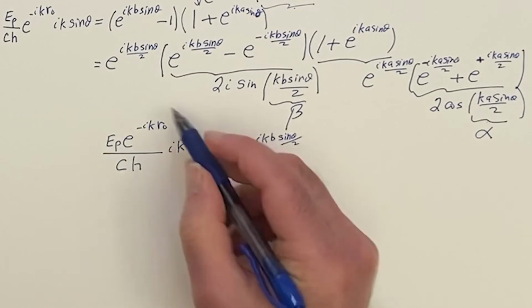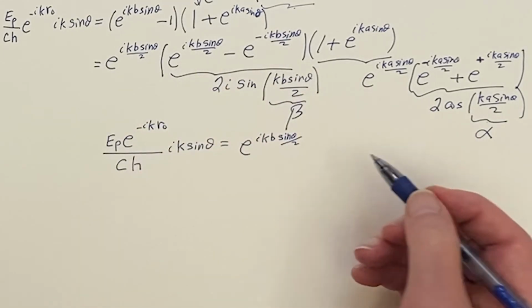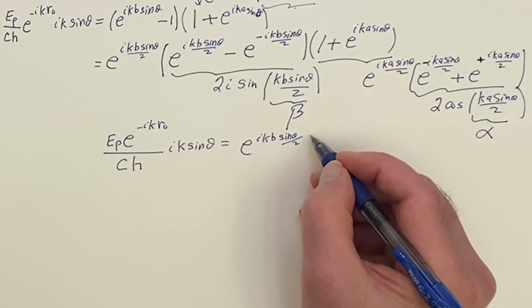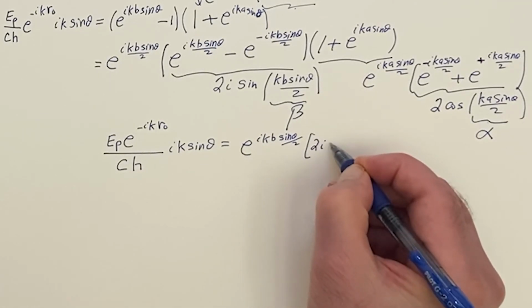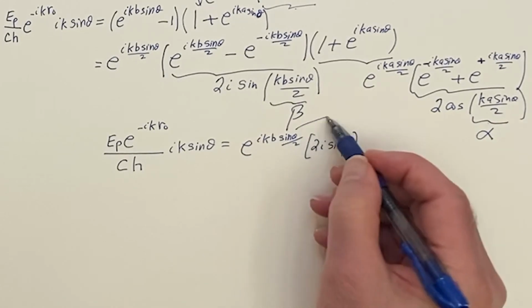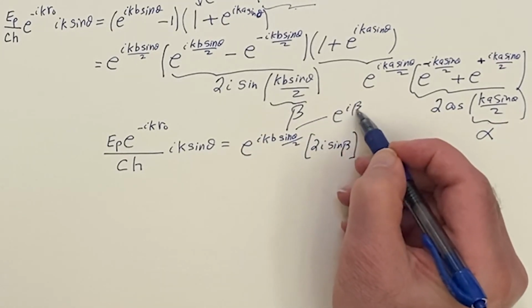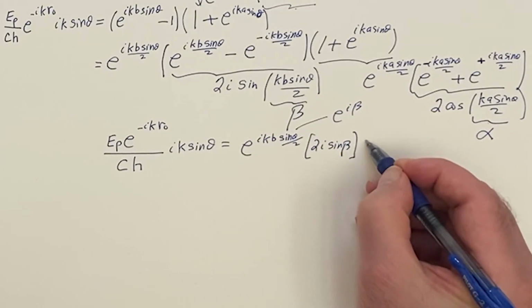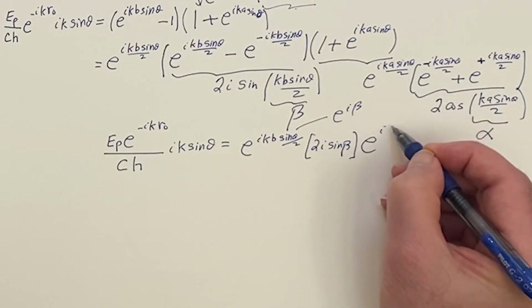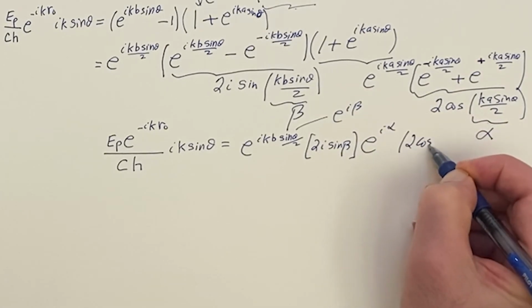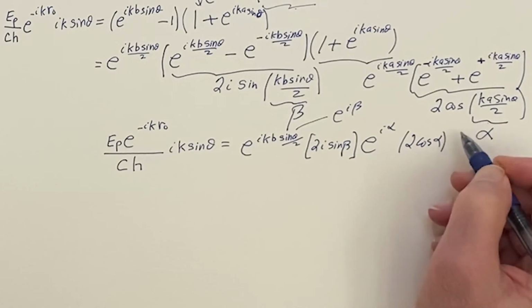Well, I should have just said that's a beta. So we could have simplified that, but that's okay. All right, and then here, 2i sine beta. So really this here is e to the i beta. It would have been better just to do that there. And then over here, this is e to the i alpha, and this is then 2 cosine alpha.